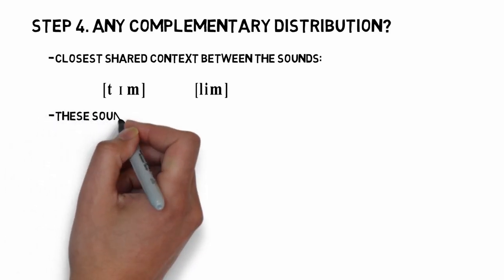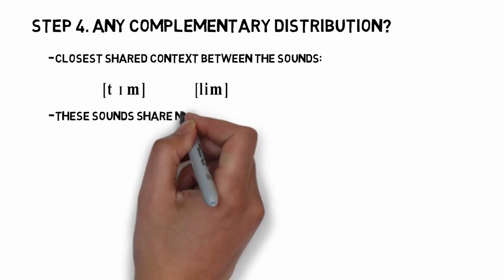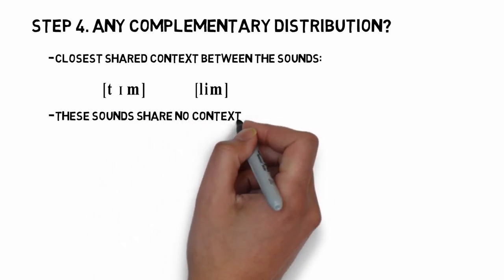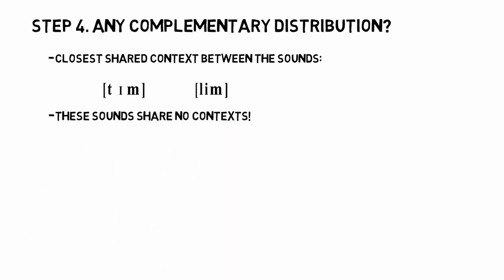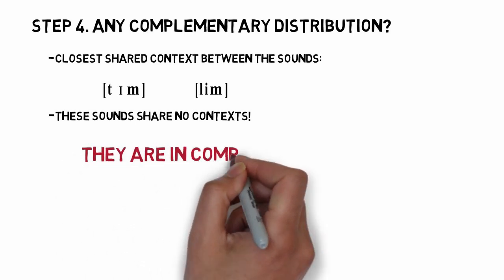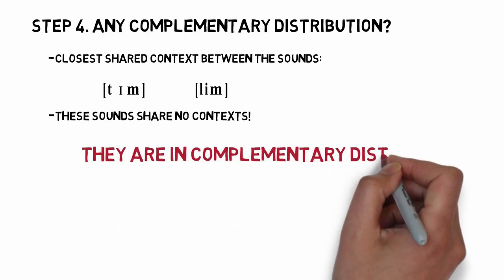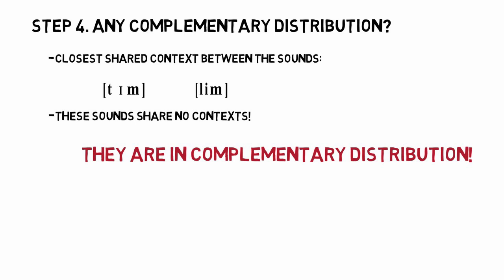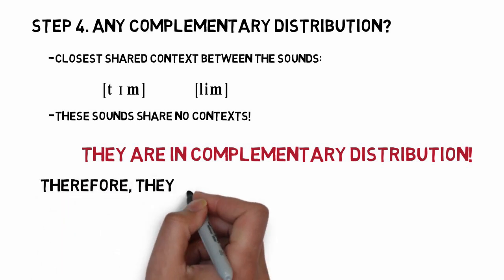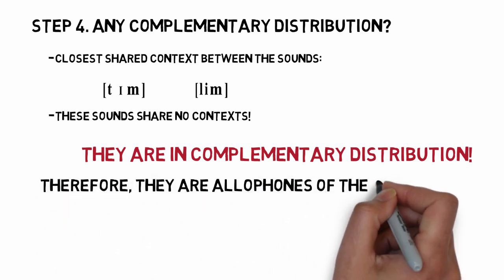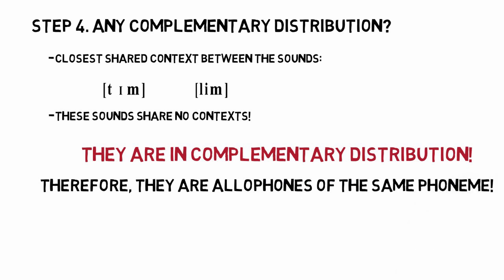So we would say that these two sounds share no contexts, which means they are in complementary distribution because they share no contexts. As a result, we would say that they're allophones of the same phoneme. Okay, great. So E and I are allophones in this language.